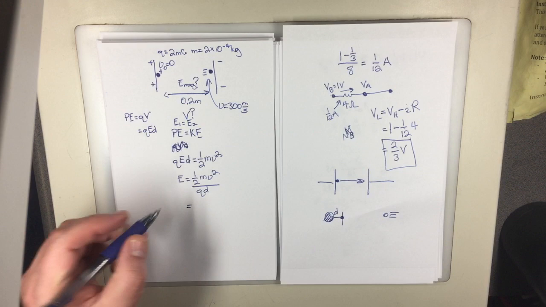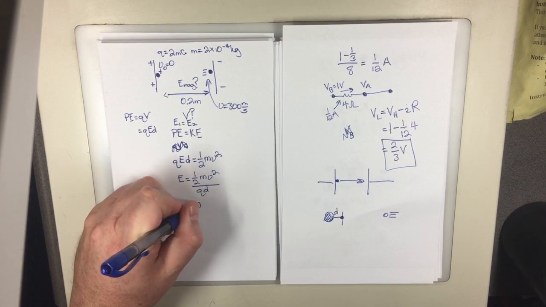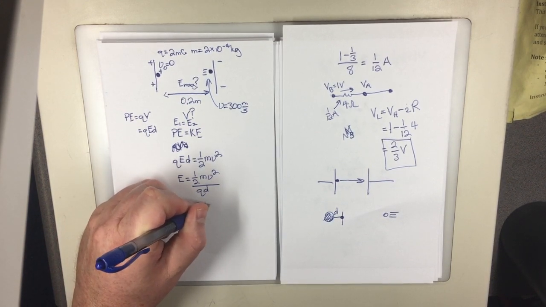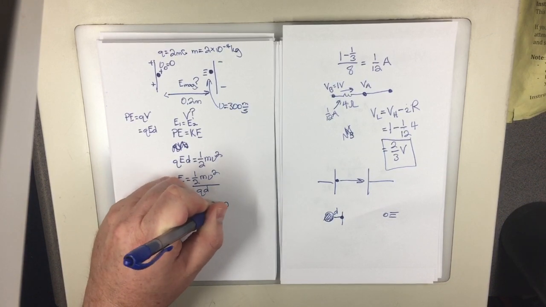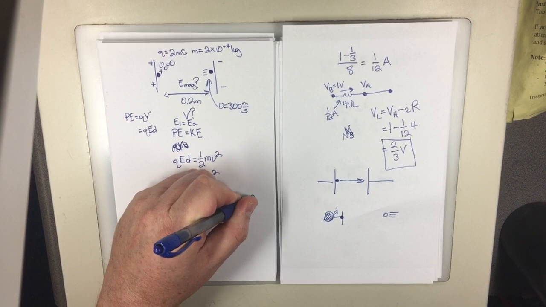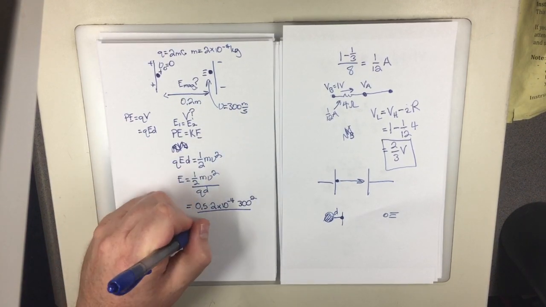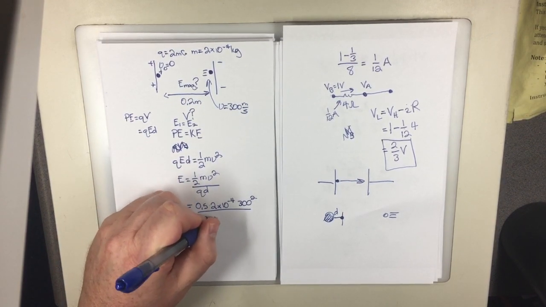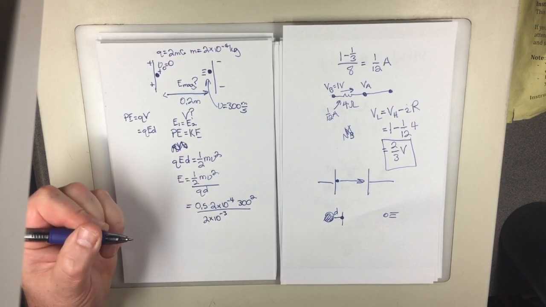Sort of like this. So this becomes 0.5 times 2 times 10 to the negative 4, times 300 squared, over 2 times 10 to the negative 3.